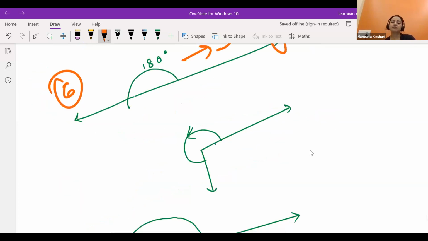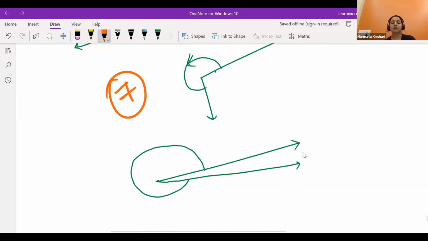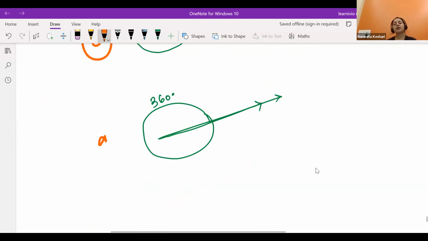Figure number 7. Figure number 8. Figure number 9. You tell me first, 9. Reflex. Number 9.